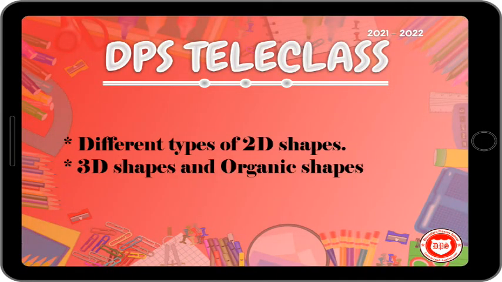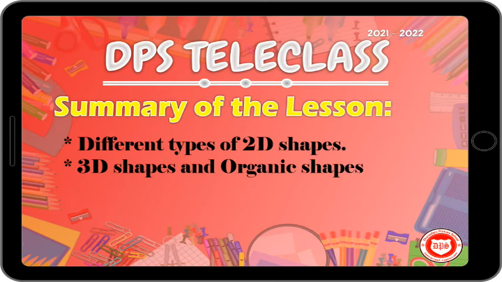Now let's recall the success criteria. Summary of the lesson. In today's lesson, we are learning different types of 2D shapes, 3D shapes, and organic shapes. Some of the 2D shapes are circle, square, rectangle, oval, right?